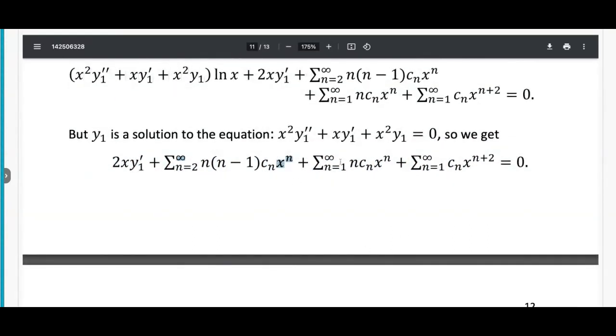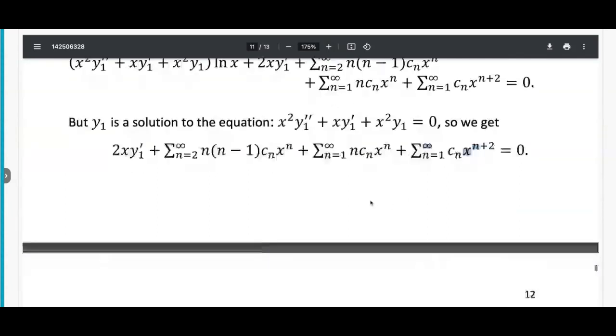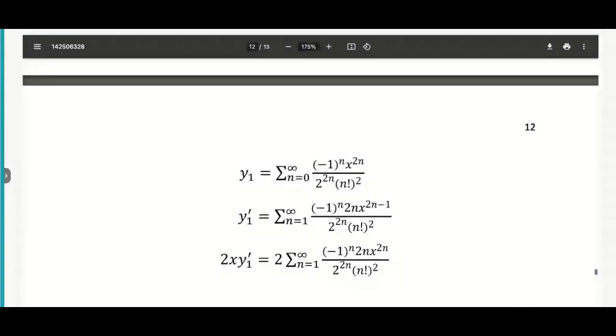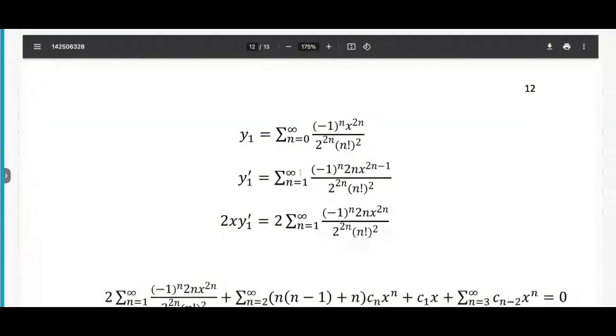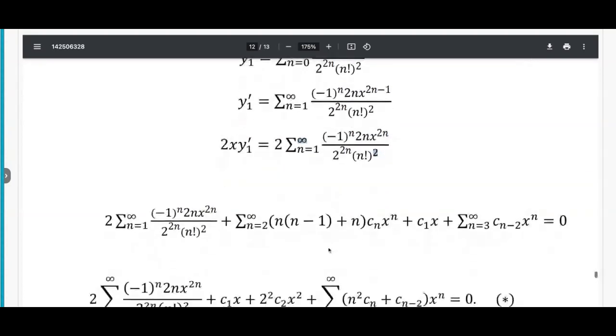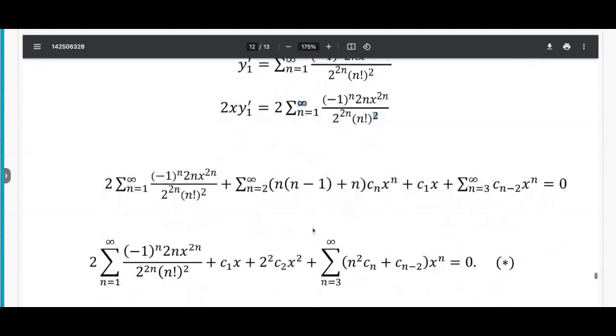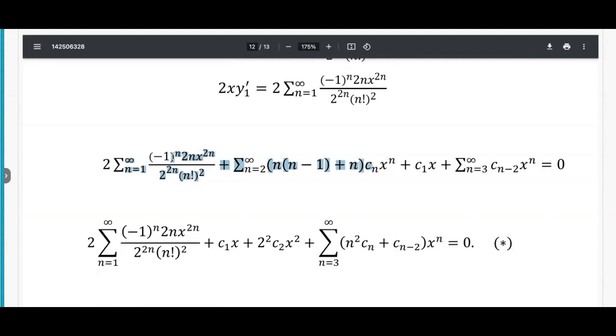This is x raised to n, this is x raised to n, but this is x raised to n plus 2. Y1 is in this form, y1 prime in this form, times 2x, so we get this one. Plug back in, some tedious calculations.